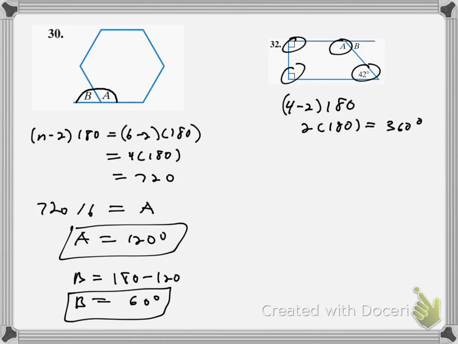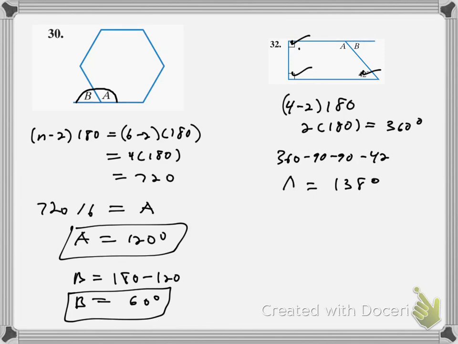These two right here are both right angles, right? So if I just take that 360 and subtract off 90 and 90 for these two, and then subtract off 42 for that one, that should give me what A equals, which is 138 degrees.